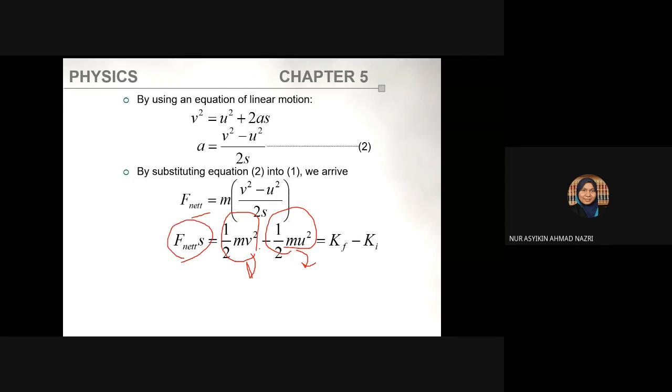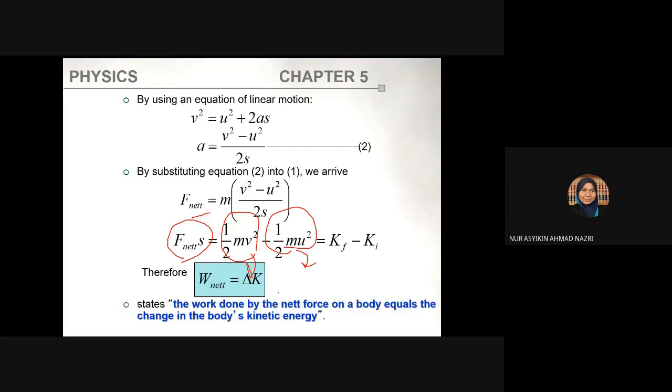So work done equals kinetic energy final minus kinetic energy initial. Okay. So this theorem is to describe the work kinetic energy theorem. Okay, yang mana Kf minus Ki, basically the change of the kinetic energy equals your net work done, yeah.